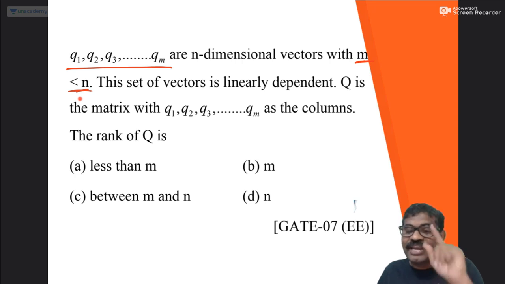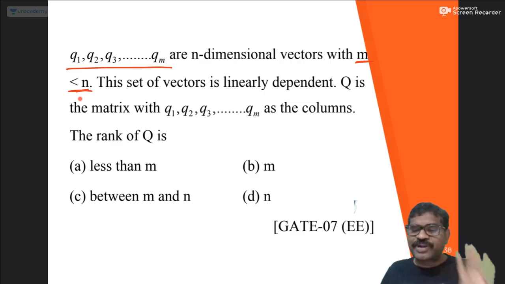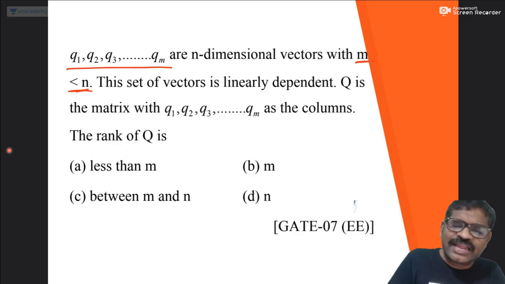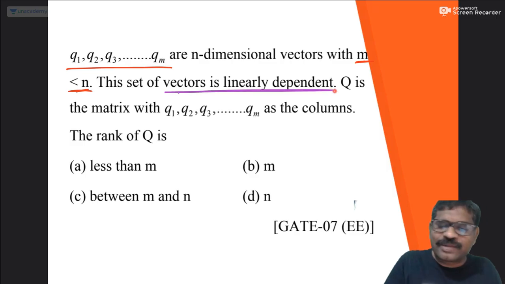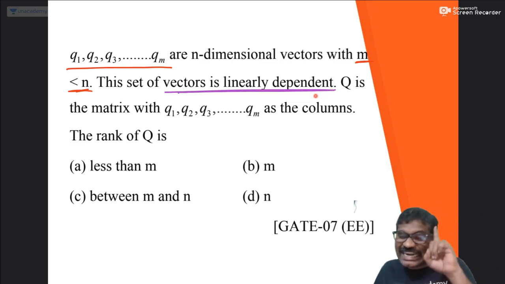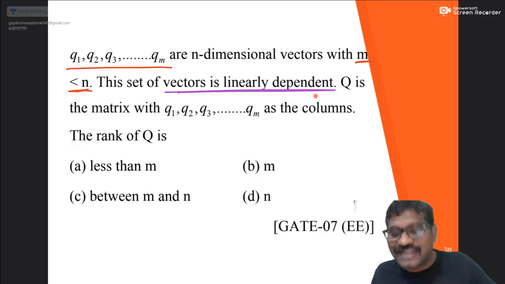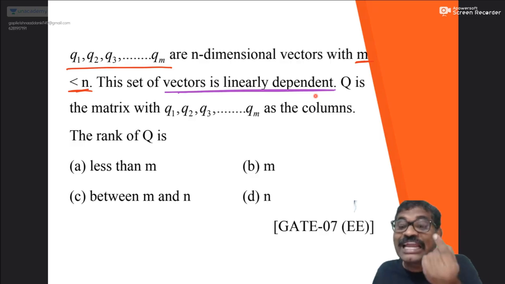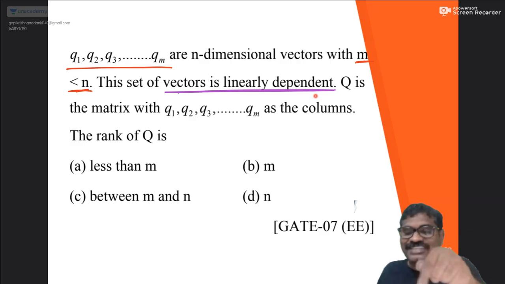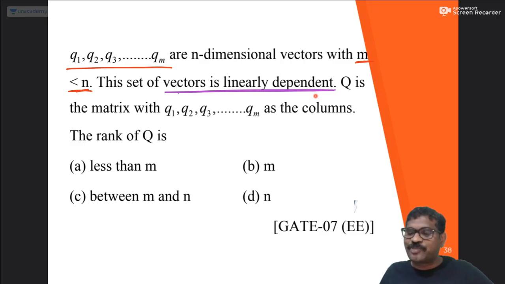It is a very, very important point. Please remember, the set is linearly dependent. When we say the set is linearly dependent, at least one is dependent. Catch my point? Yes, very good.